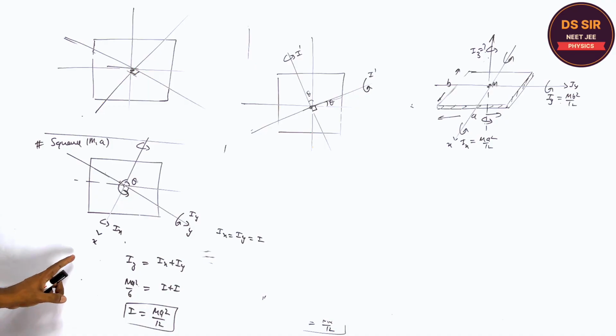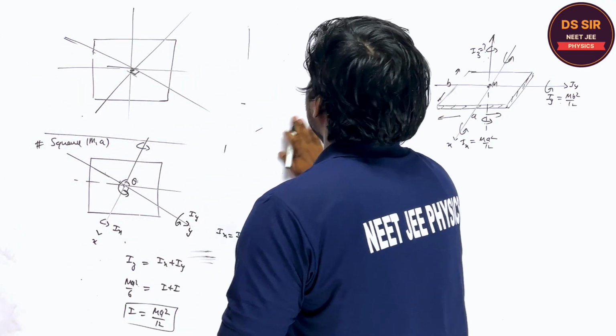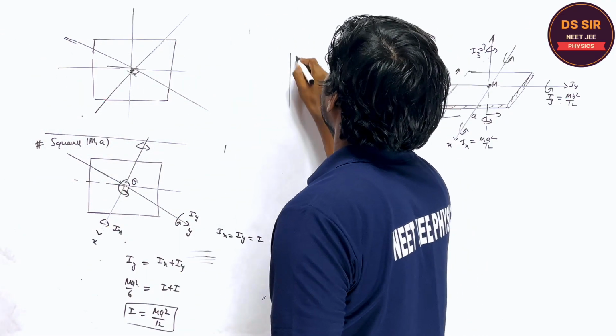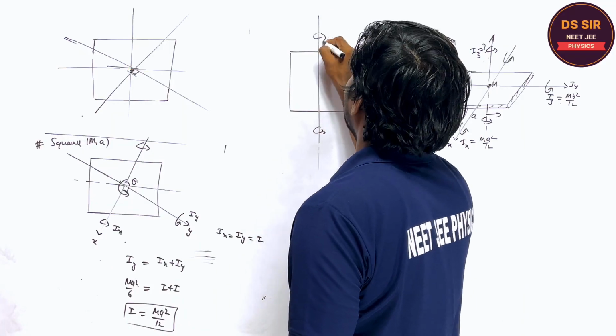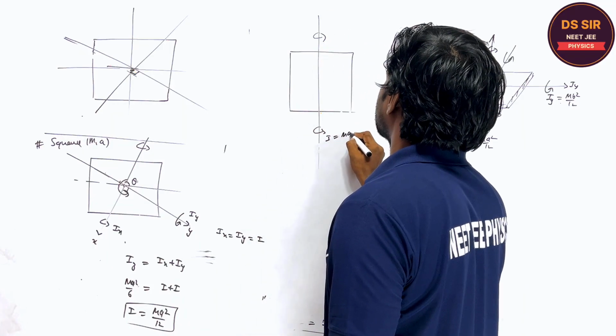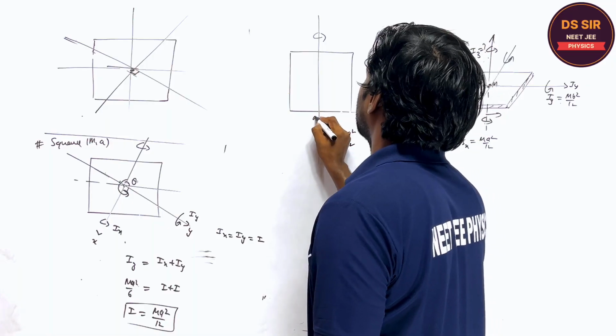What conclusion may you draw? Listen to one thing. If this is the axis of rotation for the square, what is the moment of inertia about this axis? Ma square by 12.